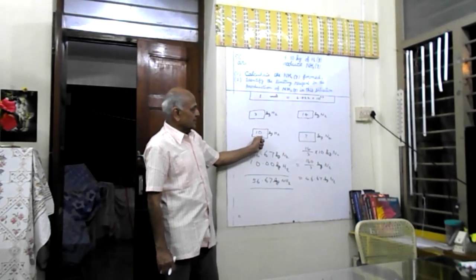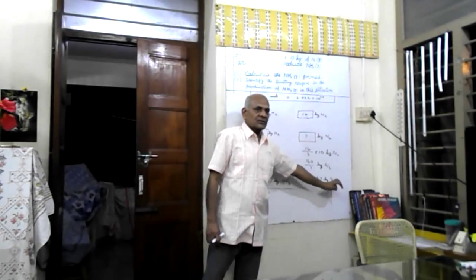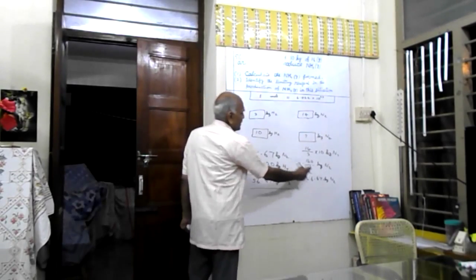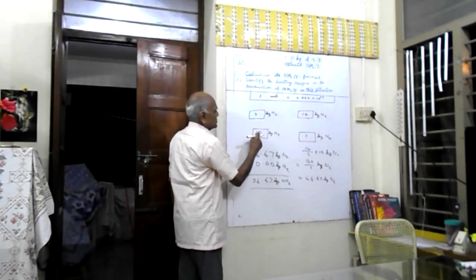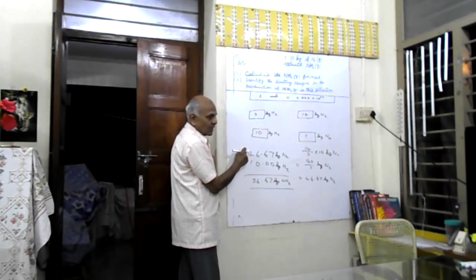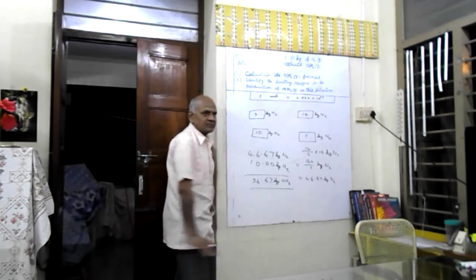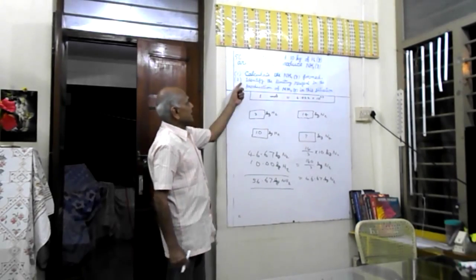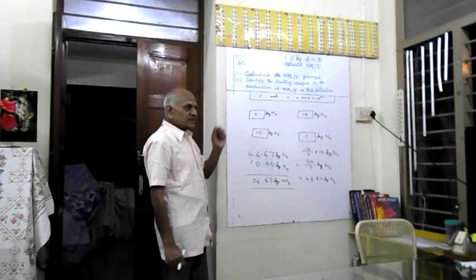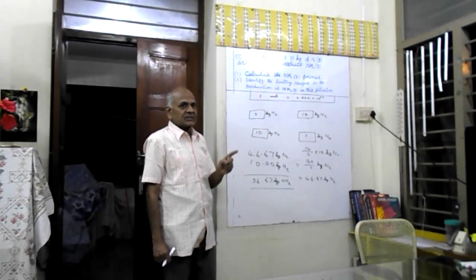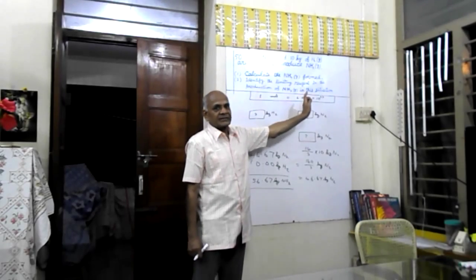So the total mass of ammonia will be nitrogen mass plus hydrogen mass, 56.67 kilograms of ammonia gas. Second question also we have answered. Hydrogen is less, nitrogen is in excess. So hydrogen is the limiting reagent in this reaction.